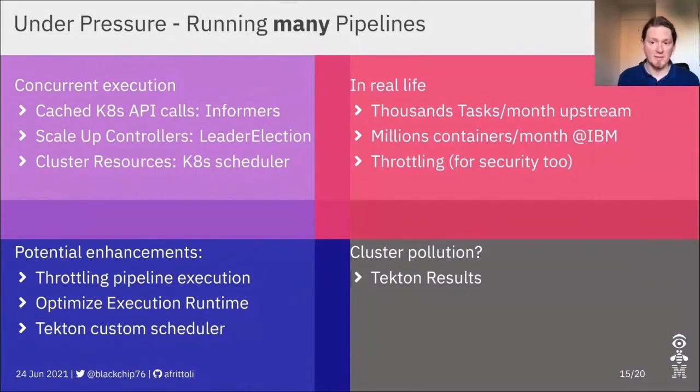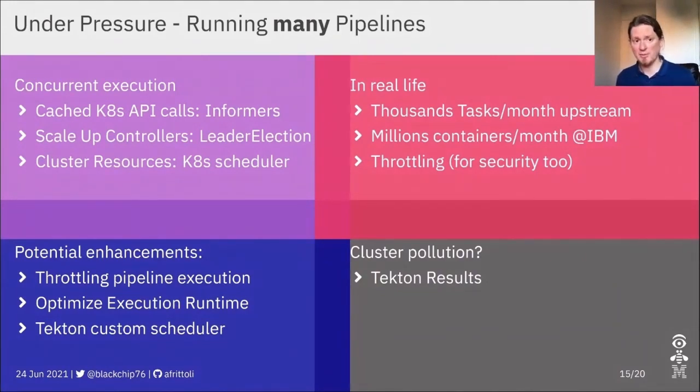We also run a service at IBM on top of Tekton, which runs millions of containers per month with no issue at all. In that kind of environment, we use throttling as well as upstream. And for security too, we don't want to allow people creating pipelines without any limitation.